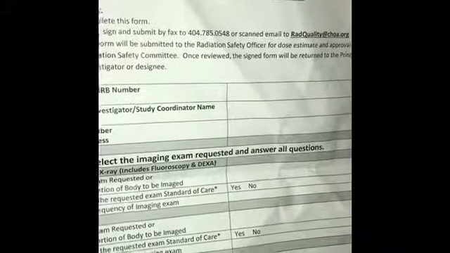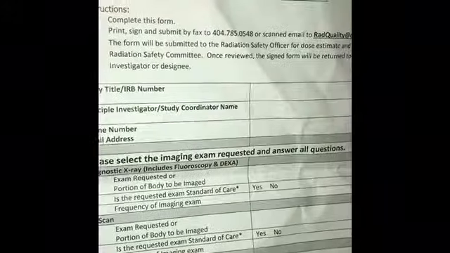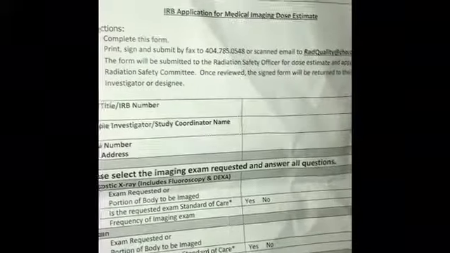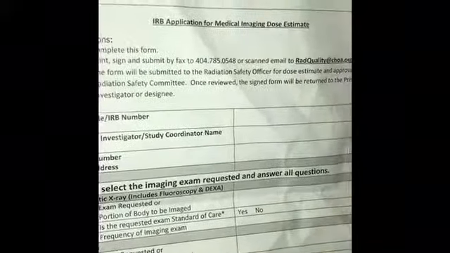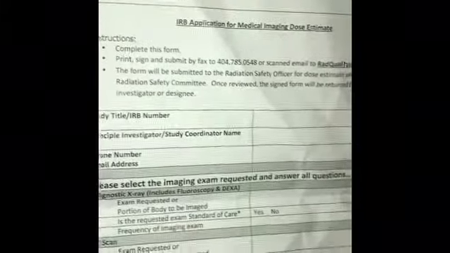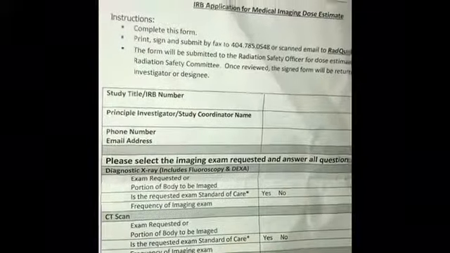Is the requested exam standard of care? If this is research, then I believe that answer will be no, because it's research they're doing right now for future care, if it all goes well. And then it asks for the frequency of the imaging exam.